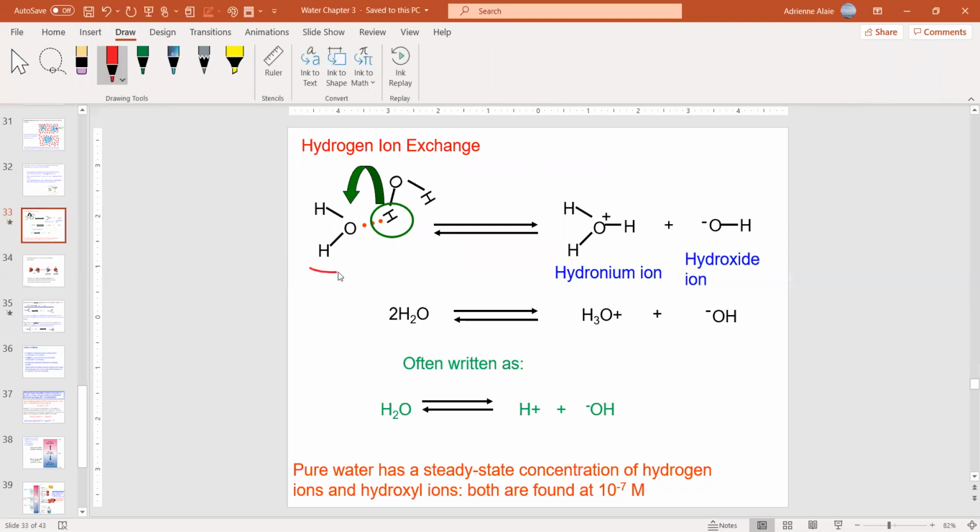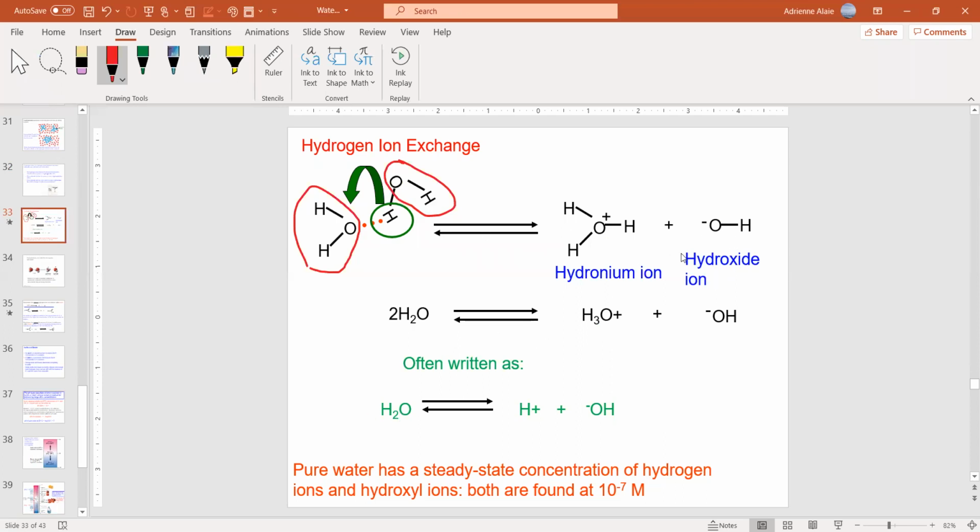This particular water molecule, let me circle it, becomes the hydronium ion. It picks up a proton, and so it has a positive charge because it gets the hydrogen ion. So now it's called the hydronium ion. And the hydroxide ion, this part, gets the electron from the hydrogen, and so now it is a hydroxide ion. It looks like this.